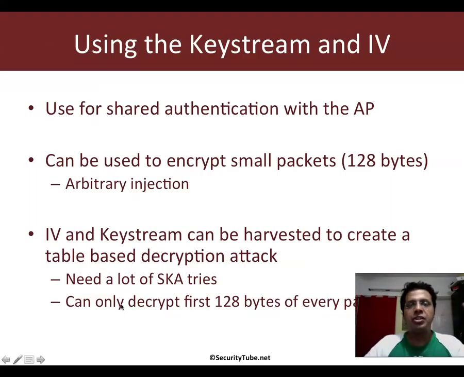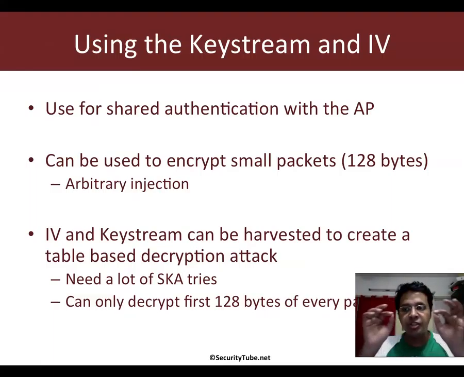Also, imagine what if we continuously send deauthentication packets to the client-AP pair, the authorized client and AP. What would happen is the client would keep re-authenticating, and every time it would choose a new initialization vector and would generate a key stream to encrypt the challenge.